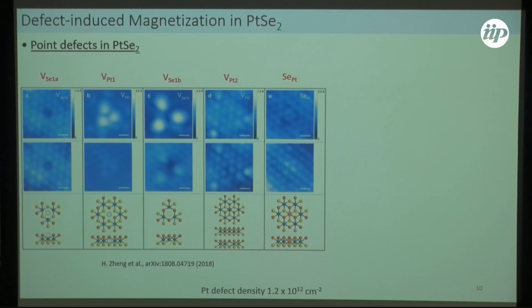Another question was that the calculations predict you will form these platinum vacancies more easily compared to molybdenum or tungsten in MoS2 or tungsten diselenide. But the question was whether they really exist. There was an STM paper on CVT grown platinum selenide, the same method that we use, showing that they have all sorts of defects, with a defect density on the order of 0.5%.